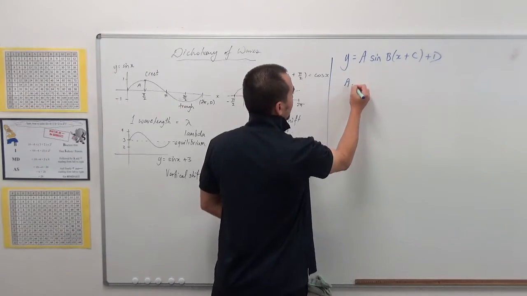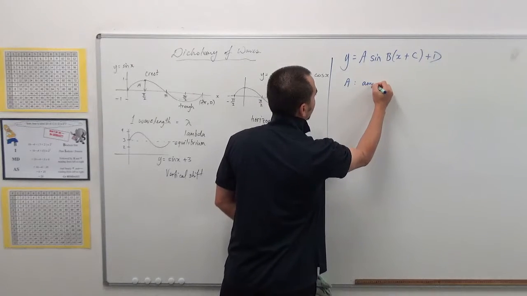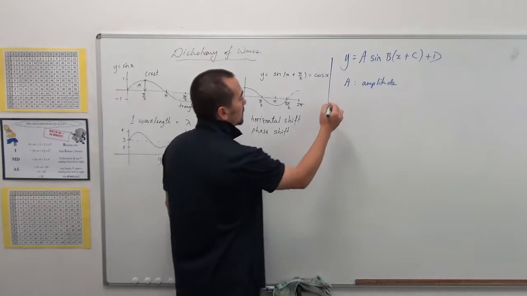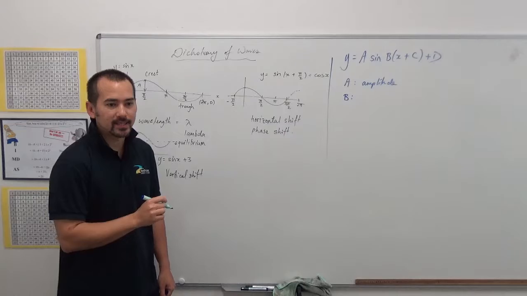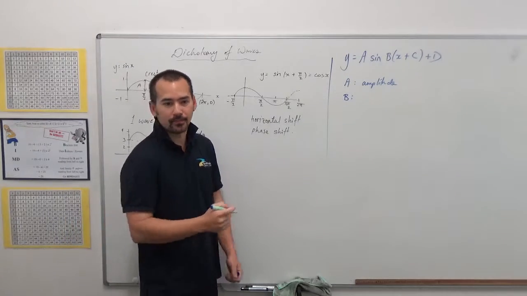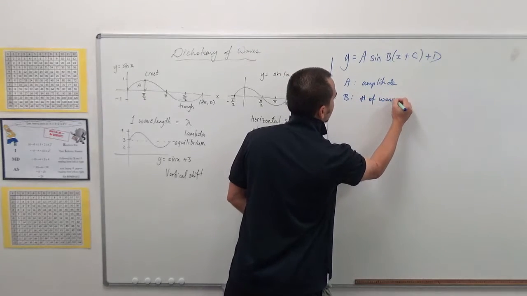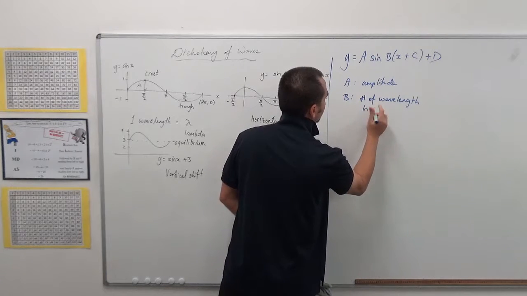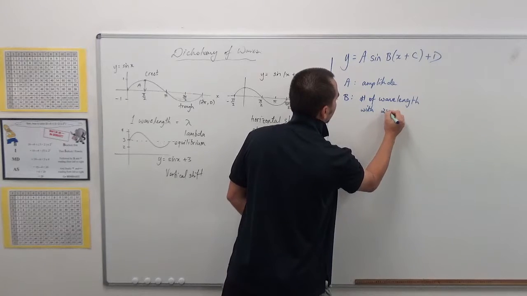Where a is the amplitude. b tells us the number of wavelengths within 2 pi.